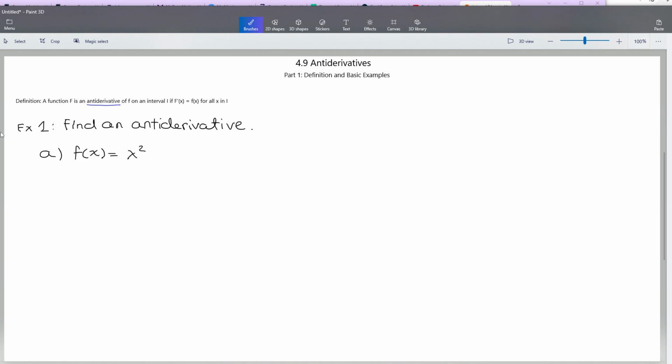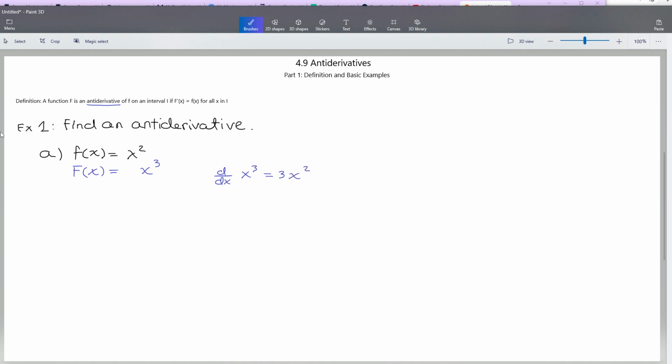Now we know that to get x squared as the derivative, our original function has to have x cubed, because we're using the power rule here. So think about what would happen if we took the derivative of x cubed. We get 3x squared.